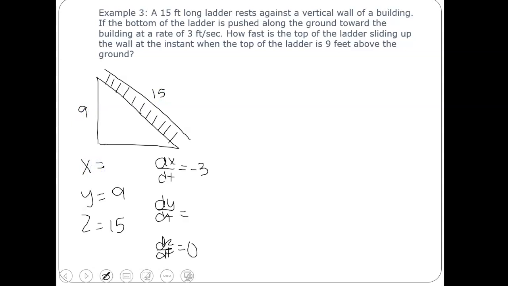If you divide everything by 3, it becomes a 3-4-5 triangle. 3 times 3 is 9, 3 times 5 is 15, 3 times 4 is 12. Plug it all in. Solve for dy/dt. Now this time, I would expect dy/dt to be what? Positive.